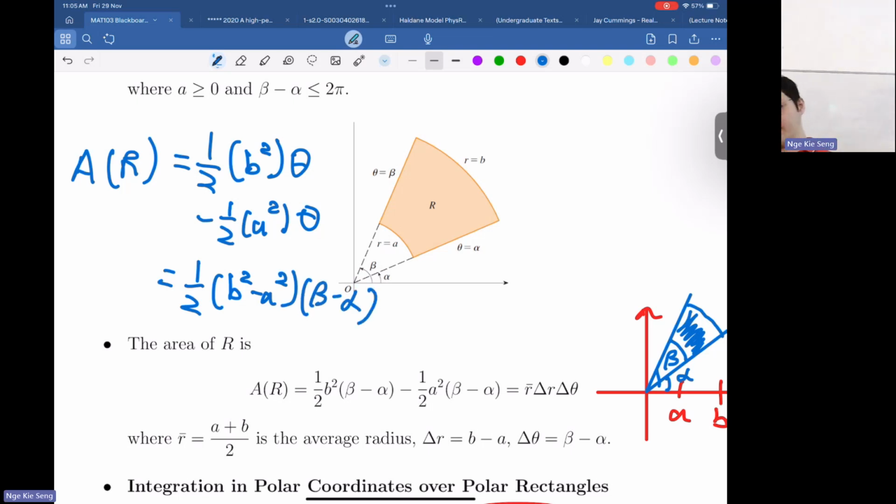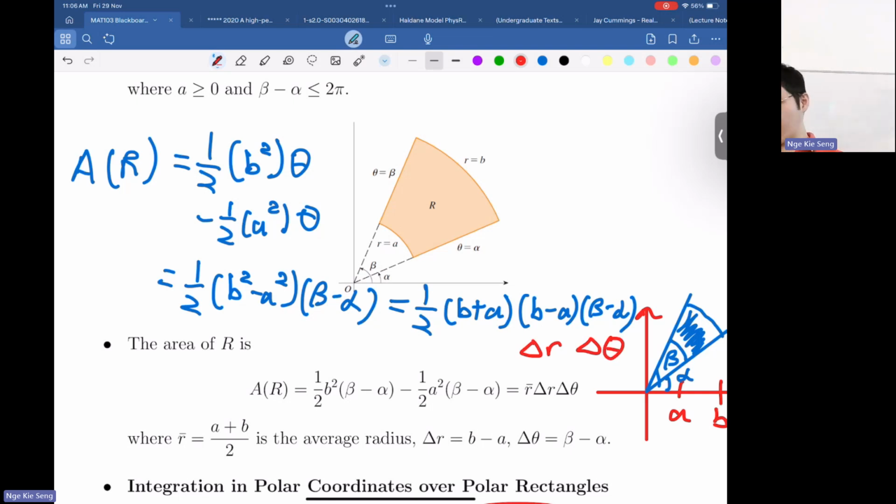If you split this difference of squares up, what do you get? B plus A times B minus A times beta minus alpha. B minus A is a difference in R. Beta minus alpha is a difference in theta. And then you have an extra factor here, which is the average of the radius, which we call R bar.